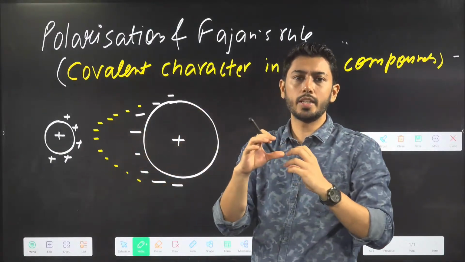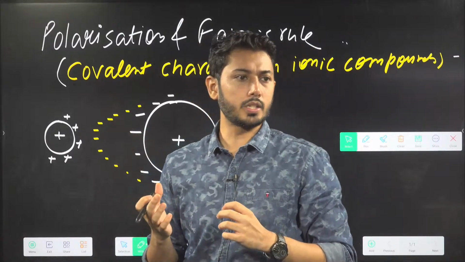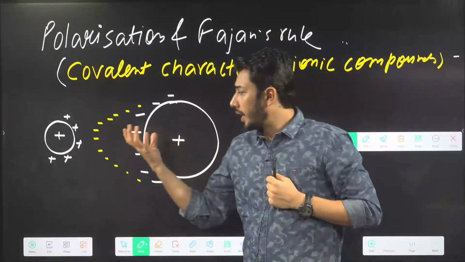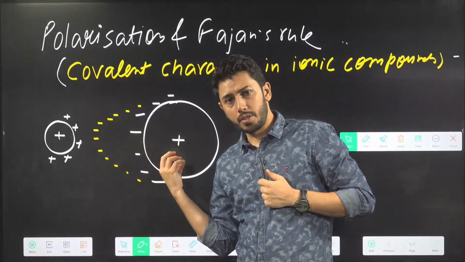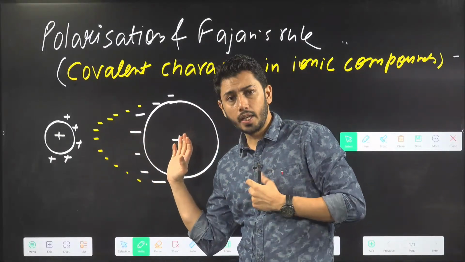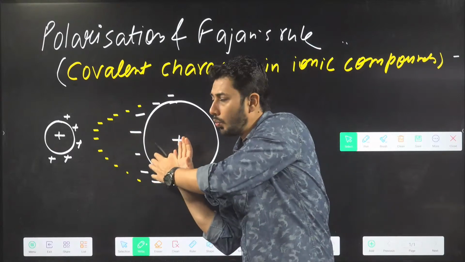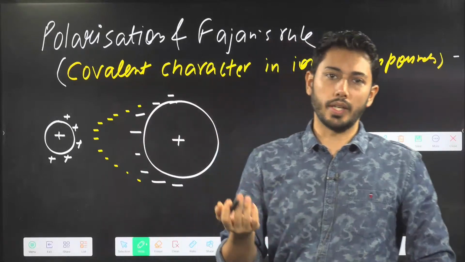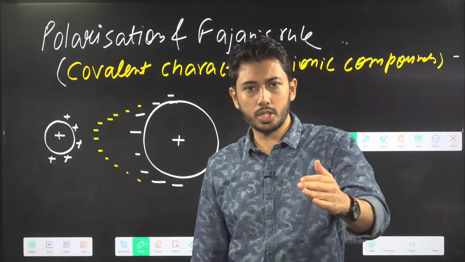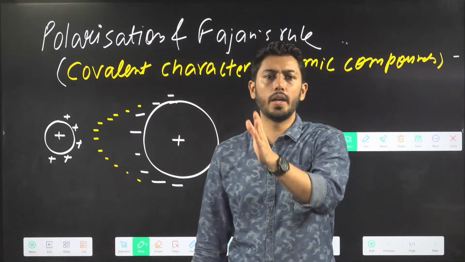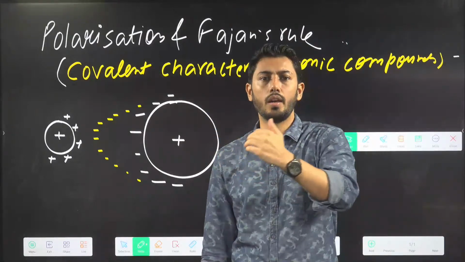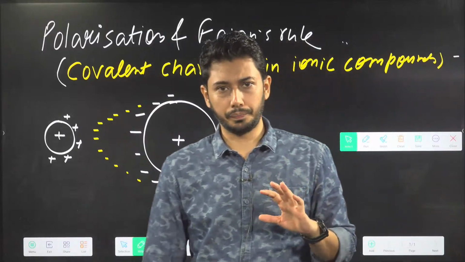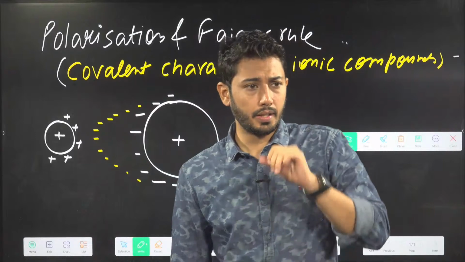This is known as polarization, in which cation is attracting the electron density of anion and distorting it towards itself. More is the polarization, more is the covalent character, or less will be the ionic character in the ionic compound. Getting it?